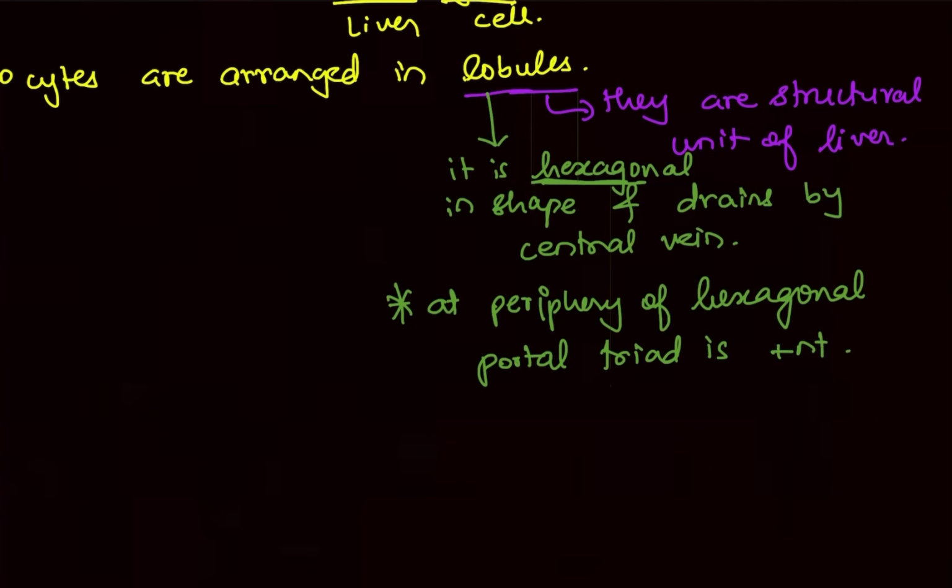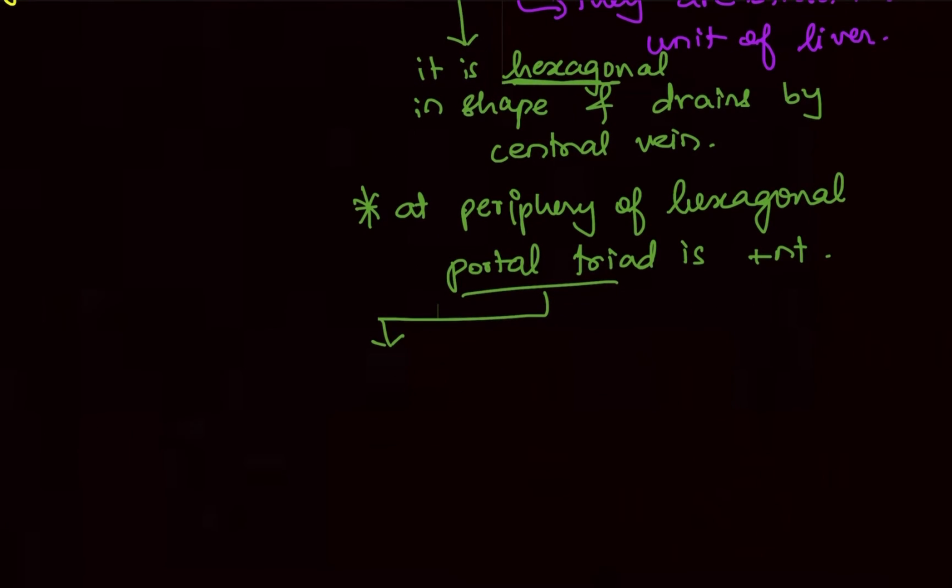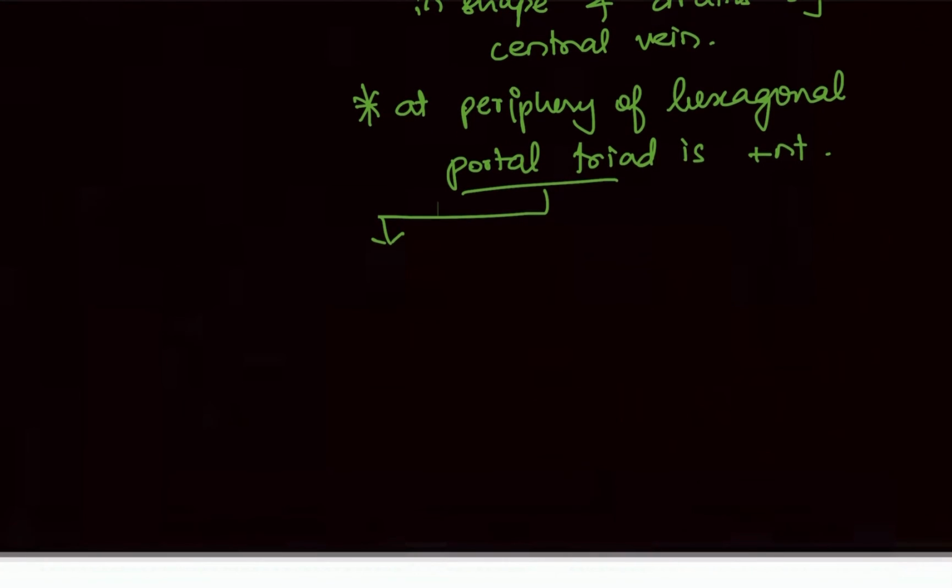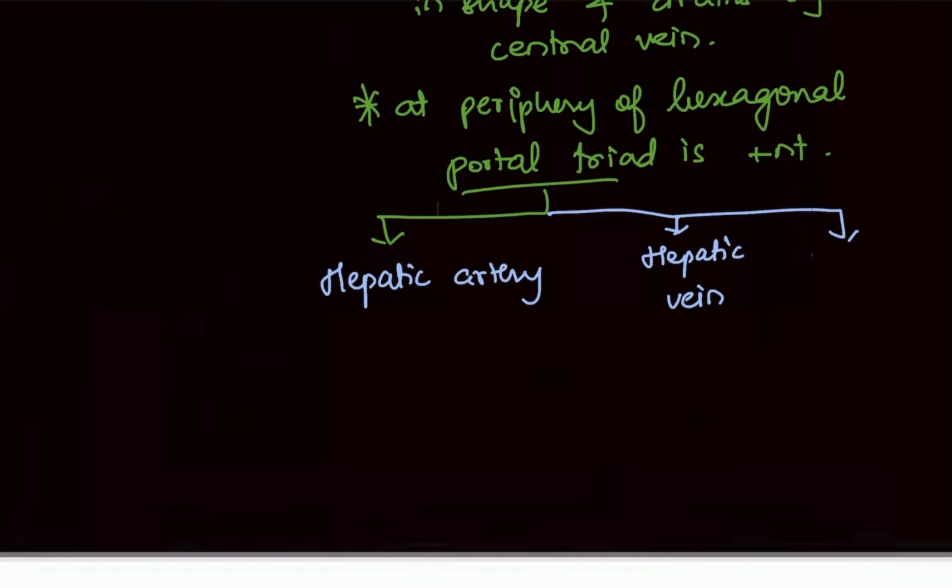Now what is the portal triad? First let's know that. We'll be doing this hexagonal shape of the lobule through a diagram which I have already drawn. First, let's know what is present. Okay, portal triad, write down. It comprises hepatic artery, hepatic vein, bile duct.